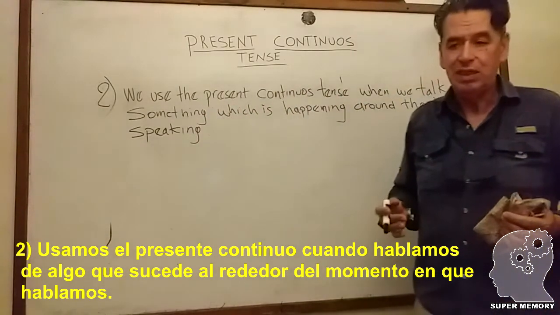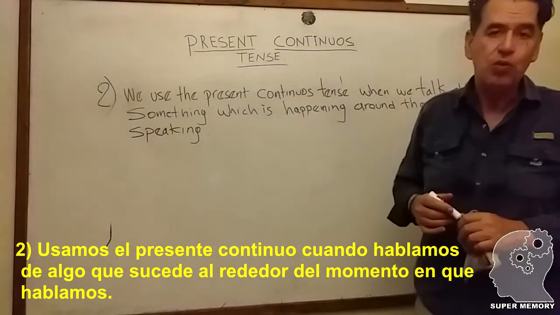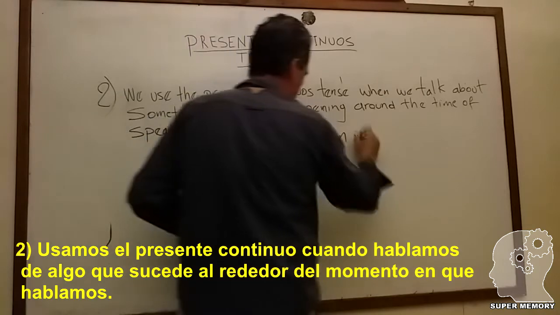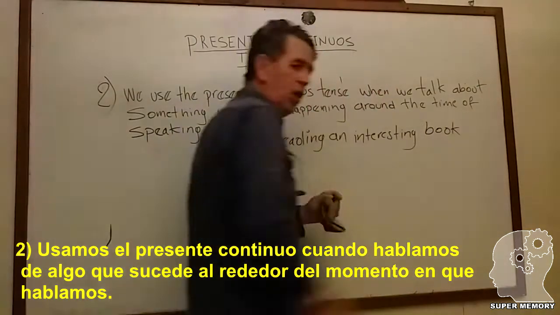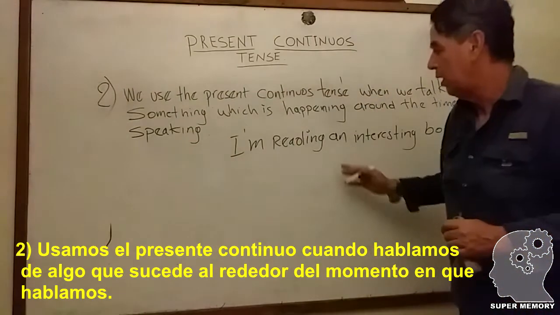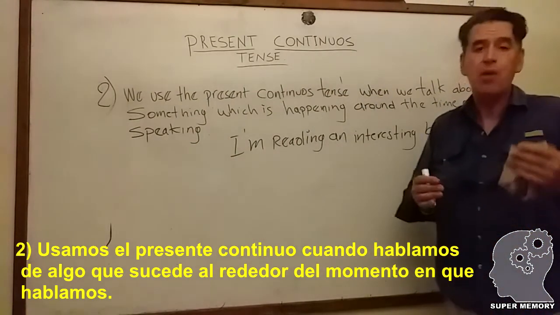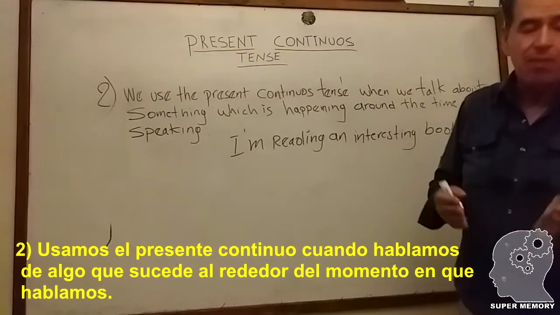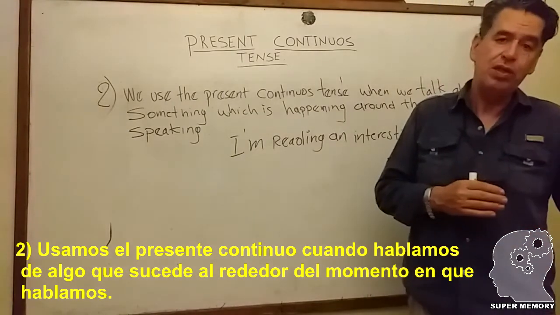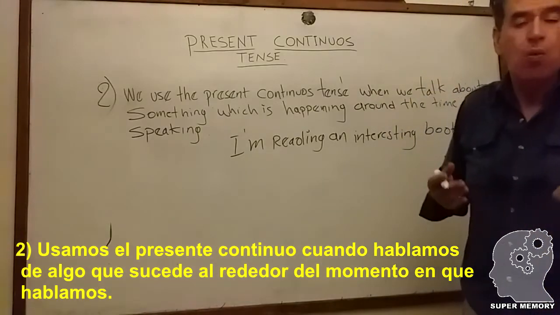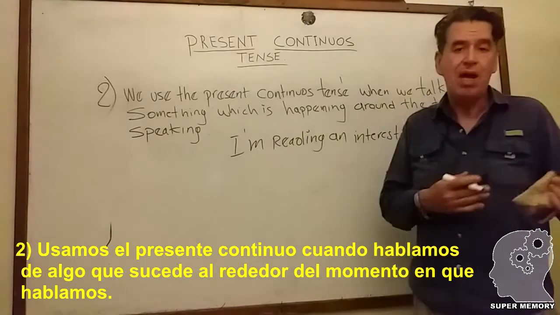An example of this is, I'm reading an interesting book. When I say I'm reading an interesting book, it doesn't mean that I'm reading the book at this moment, not necessarily. Maybe I started reading the book last year, maybe last week, yesterday, whatever, anytime in the past.